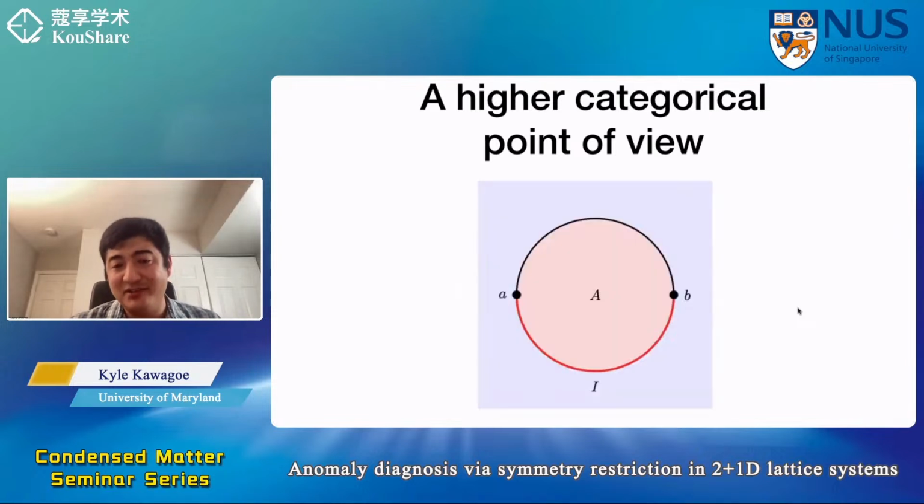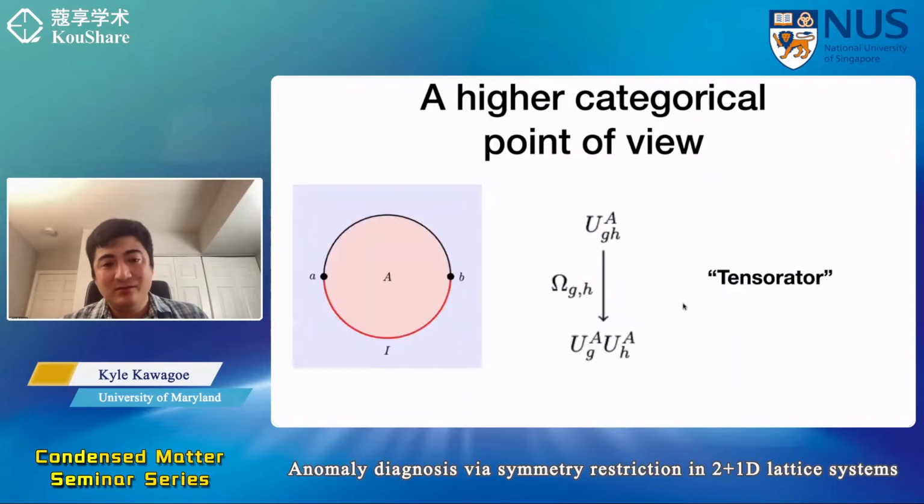So I'm going to do a slight notational change just to match what's in the paper. Instead of calling this disk M, I'm going to call it A. But you still have the interval I and its boundary points A and B. So there's a thing in category theory called a tensorator. In higher categories, the tensorator, if you'd like, is something that says, now this is maybe an inverse of a tensorator.